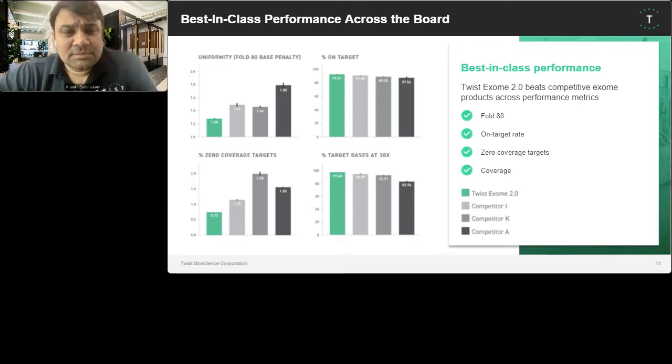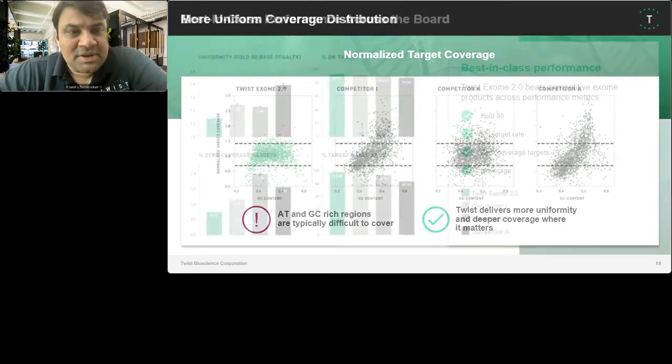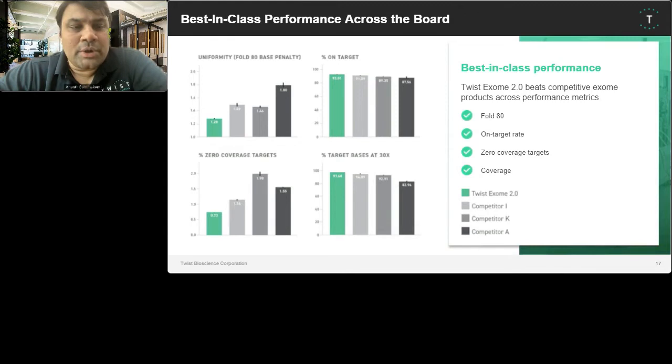The most important thing is what this fold-80 means. In the previous slide, I showed that our fold-80 is 1.28, while the other vendors' fold-80 is closer to 1.4, and some vendors greater than 1.5.